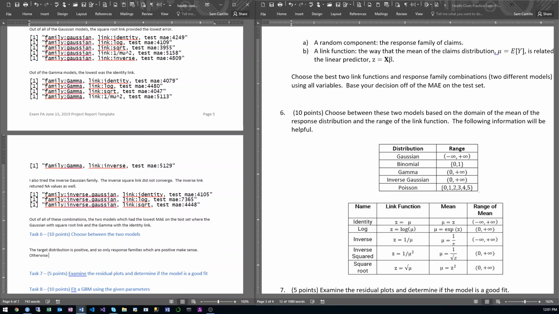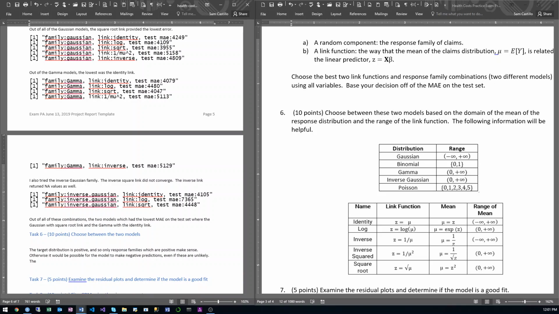Otherwise, it would be possible for the model to make negative predictions. They might be very unlikely, but they are still possible.